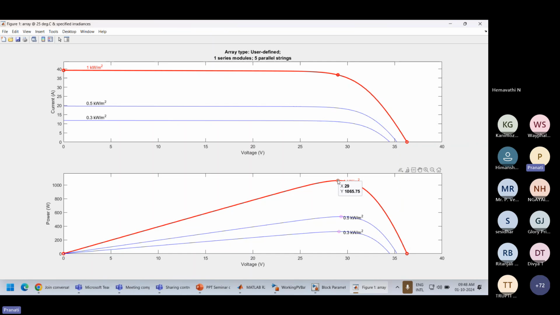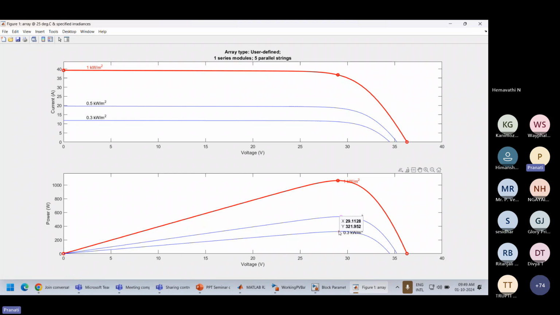Similarly, the y-axis shows 1065.75. That is, the maximum power is 1065. We can use it as 1000 watt or 1 kilowatt. Then at 500 watt per meter square and at different values of irradiance, our voltage is changing and the power is also changing.